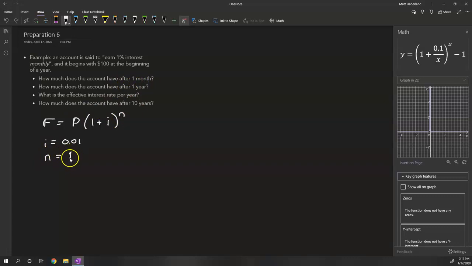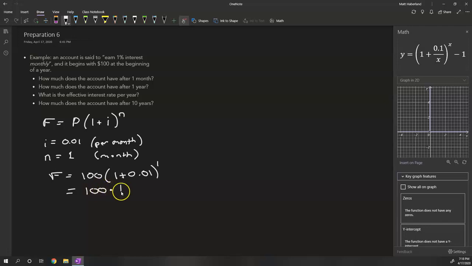Because this is per month and this is in months, I can simply plug it into my formula. So the future amount after 1 month is equal to the 100 that I started with times 1 plus 0.01 to the 1. So after 1 month, it's going to be 100 times 1.01, which is $101. Easy. All right, so we got that one out of the way.